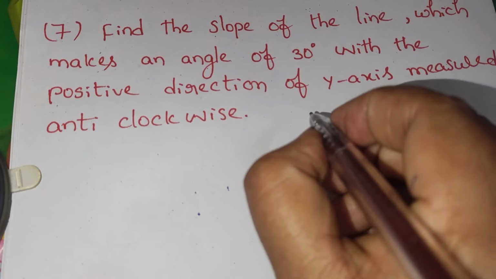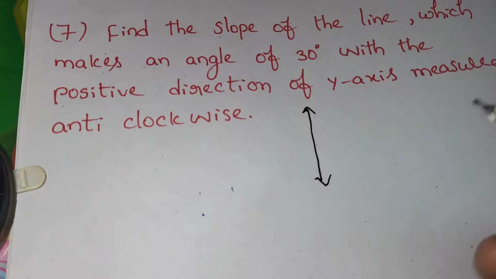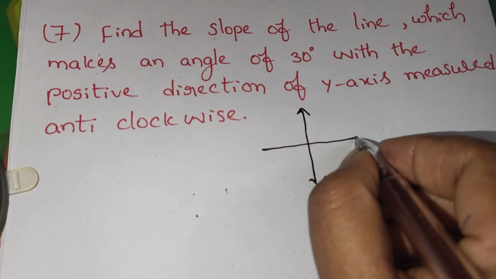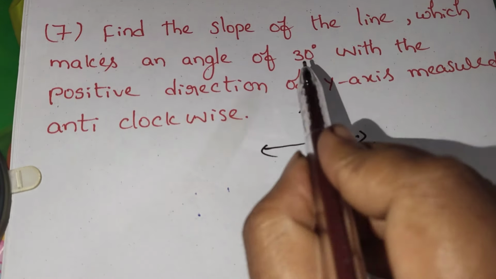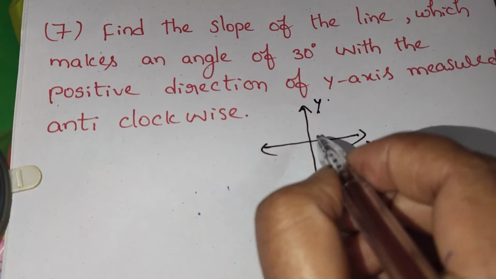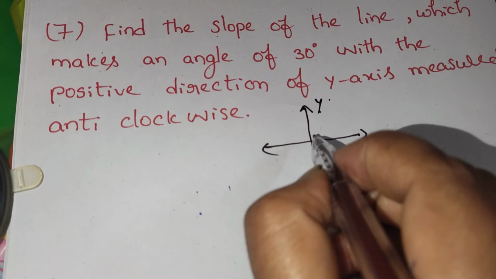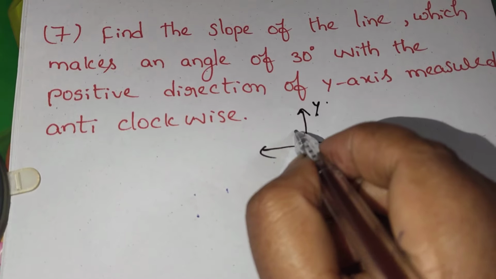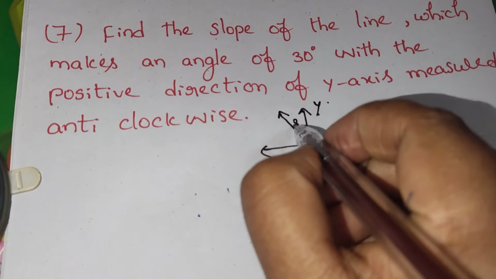So first we draw the picture for this. This is the y-axis, this is the x-axis. They said here 30 degrees with the positive y-axis. With respect to this, I am taking 30 degrees approximately like this.